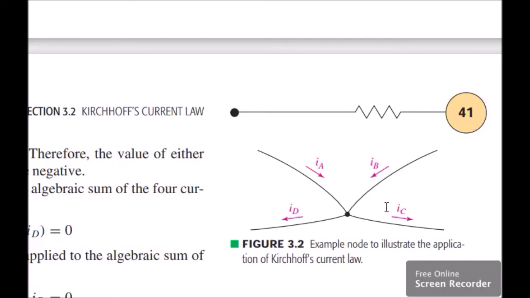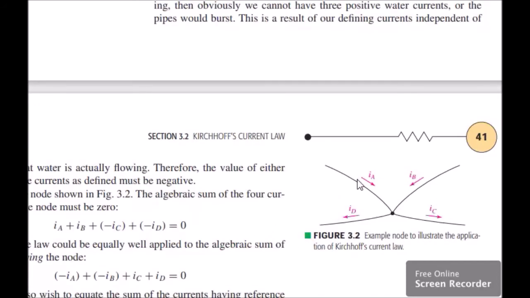Alright? Now, algebraically, ganito yung itsura niya. If we will denote this as IA, IB, I is for current, ito yung current C natin, IC, current ID. If we will look at it algebraically, meron daw tayong IA plus IB, itong dalawa na papasok, plus, kasi sum, plus negative IC. Kapag palabas, then that's negative.